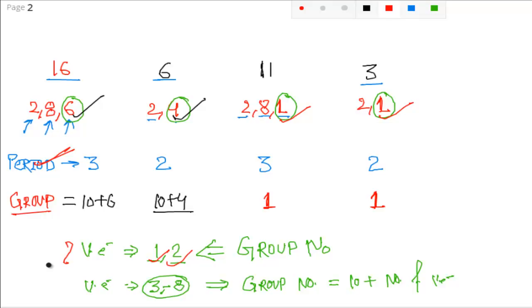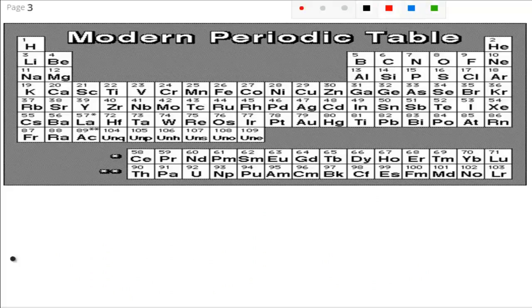It will always work. For this rule, there is only one exception, and that is helium. If you write the electronic configuration for helium, it is 2. So the period will be 1, because you have only one shell. But if you see the valence shell, that is the outermost shell, the number of electrons present in it is 2.